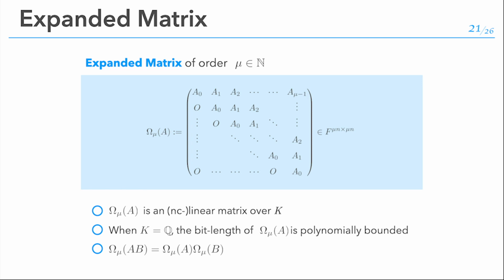And also, we can show that this matrix is multiplicative. That is, omega mu of AB is equal to omega mu of A times omega mu of B.